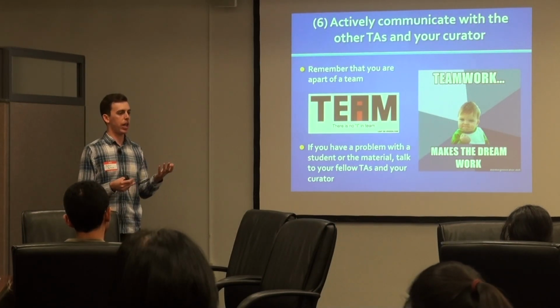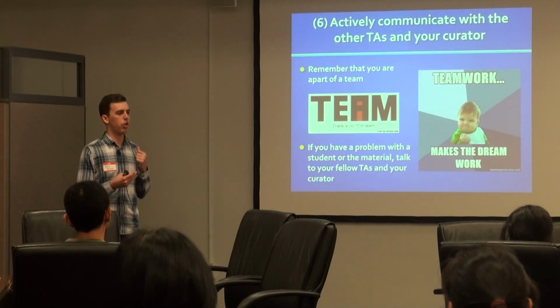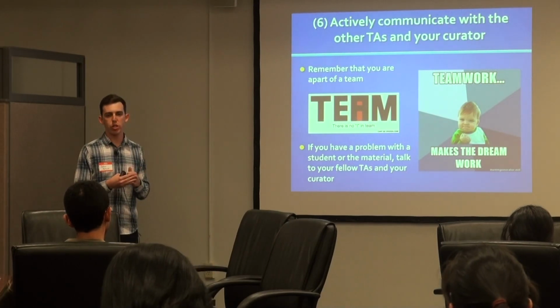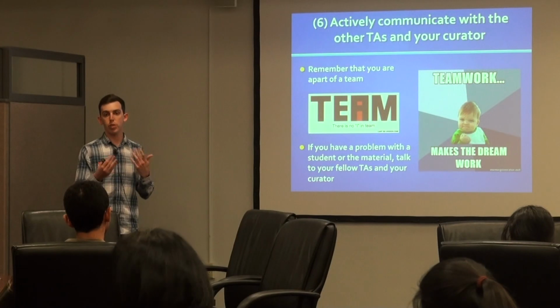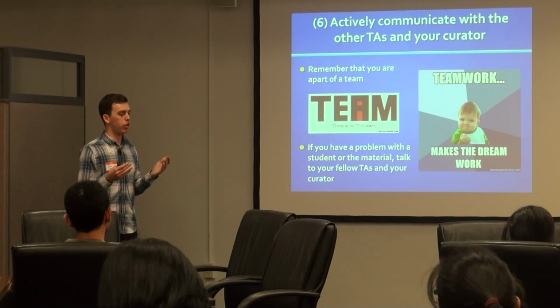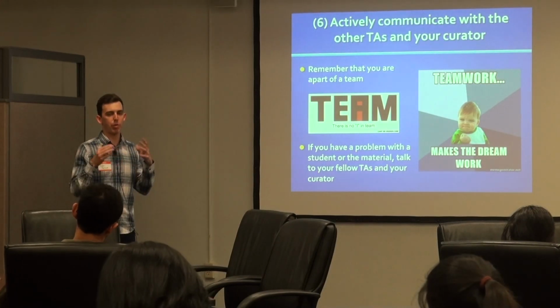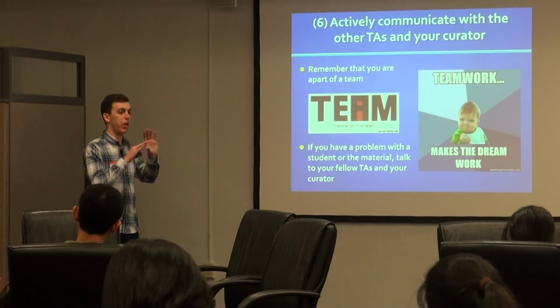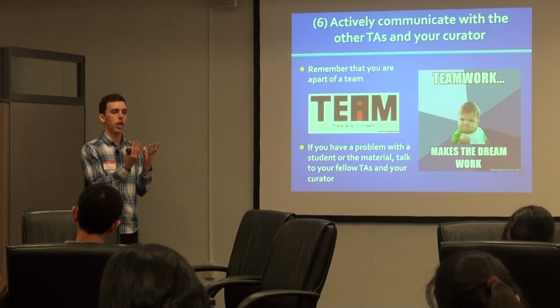Or I've got a couple students, I know they're cheating. I really don't know what to do. Use them for advice. That way you're not killing yourself trying to figure out the absolute best way to do it, but you're also making sure that you're all on the same page.